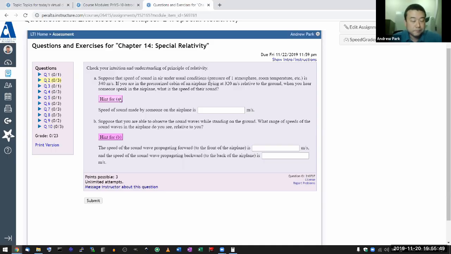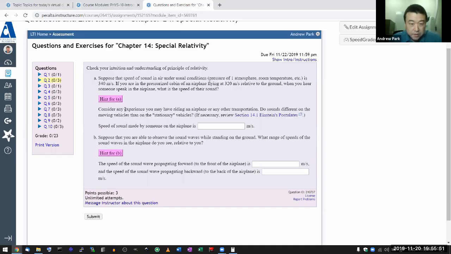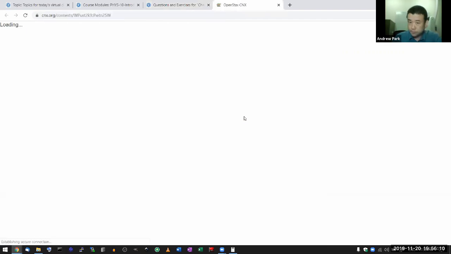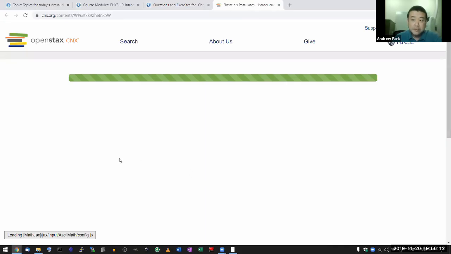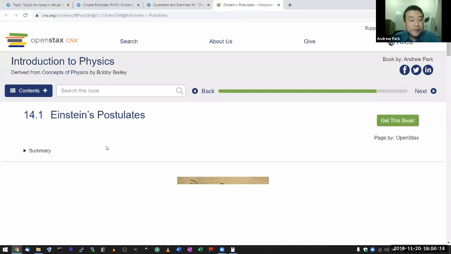Well, let's read the hint. And all of that comes down to it's actually 340 meters per second. It's a question of reference frames, which you can read about in section 14.1. The textbook, I want everyone to read it.